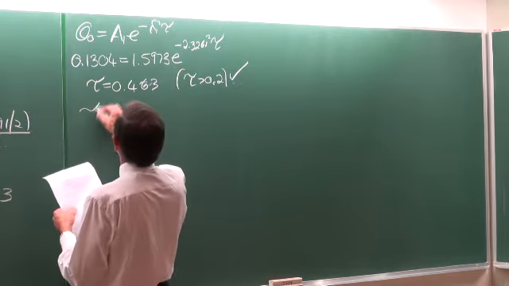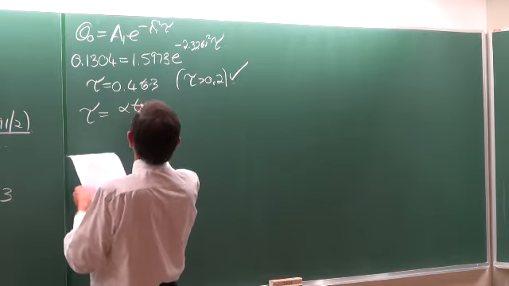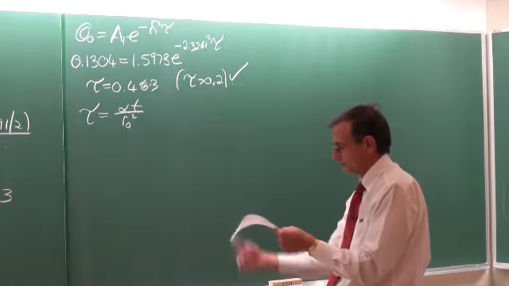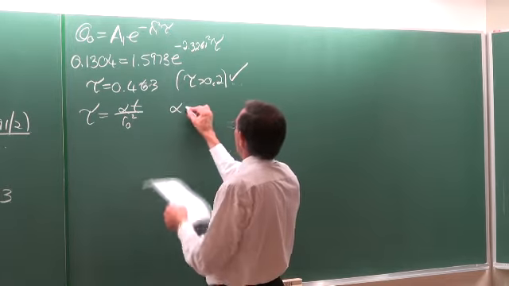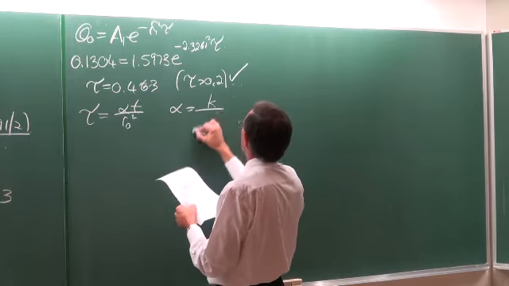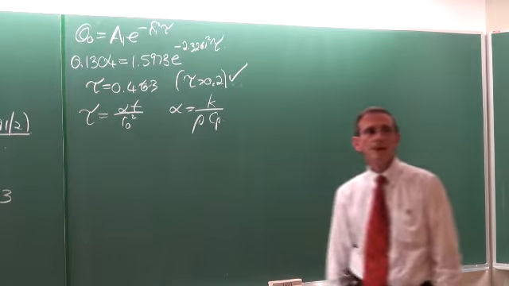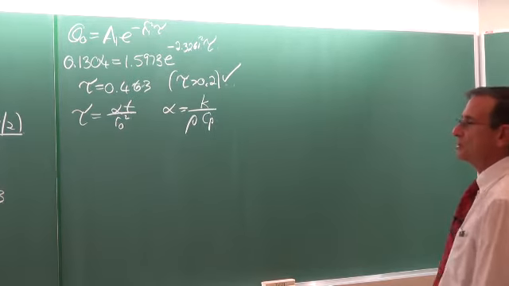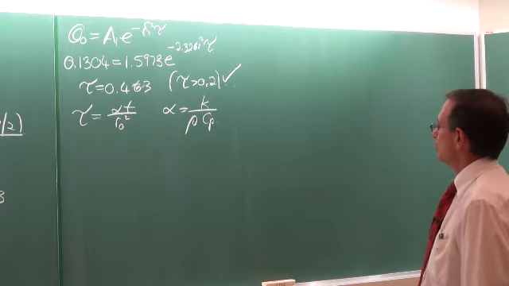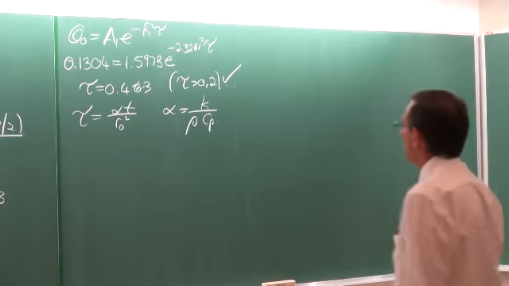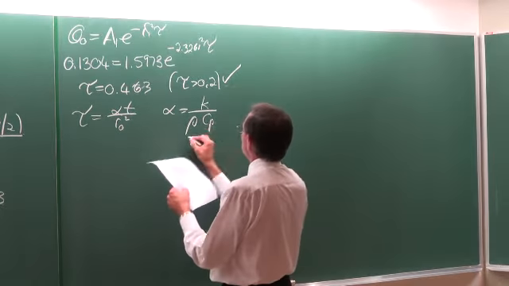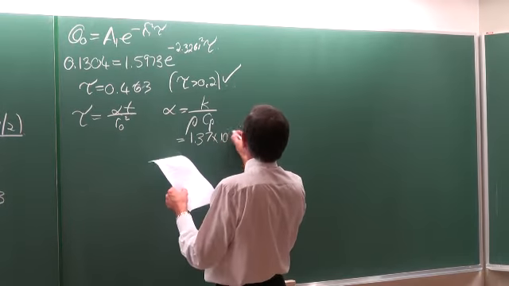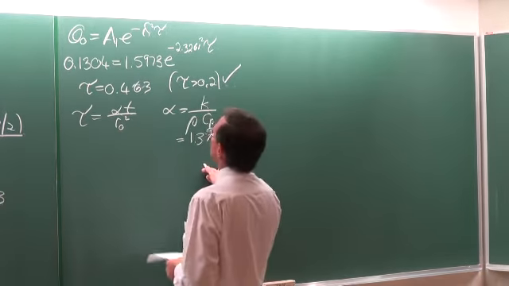Tau, the non-dimensionalized time, is equal to alpha t divided by R0 square. Alpha is equal to K divided by rho Cp. K has been given as 0.5732, the density 999.4, and Cp 4185. So we can calculate alpha, which is then equal to 1.37 multiplied by 10 to the minus 7.